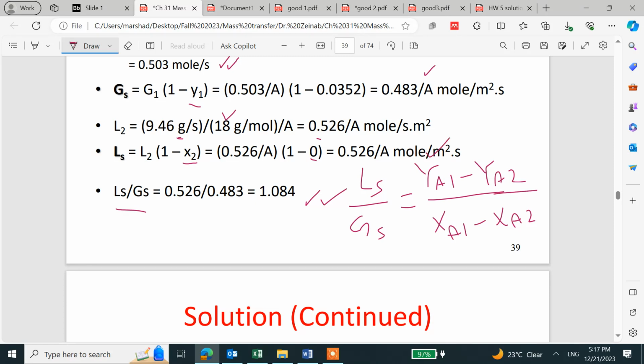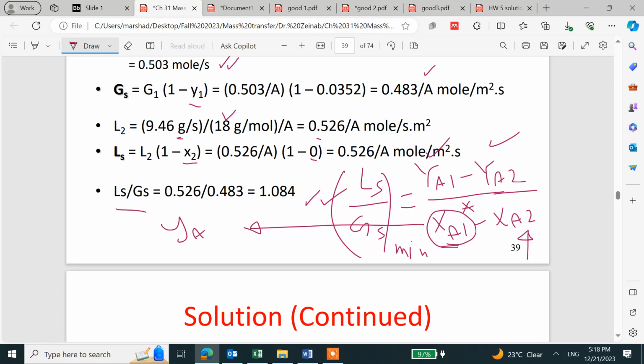YA1 is the mole fraction of A in the gas, XA2 is 0. XA1, for the minimum LS, is basically XA1 star for the minimum flow rate. So XA1 star with respect to YA1, as simple as that.